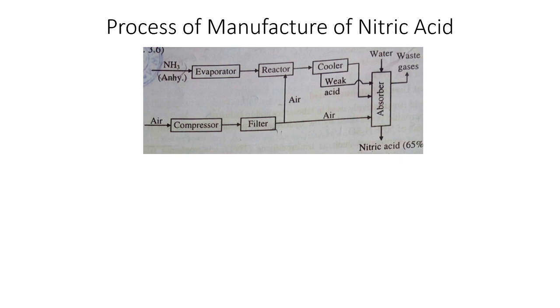So this catalyst is in the form of wire gauze, which is hexagonal in shape, and this hexagon has a diameter of 16 inches. So this reactor is comprised of this wire gauze in hexagonal form, 16 inches in diameter.